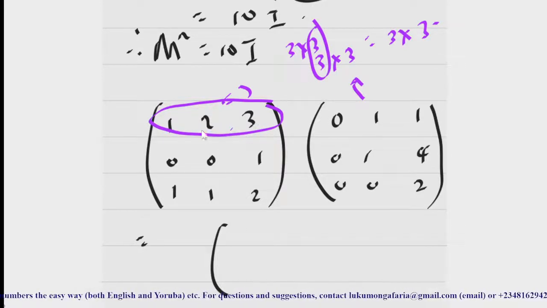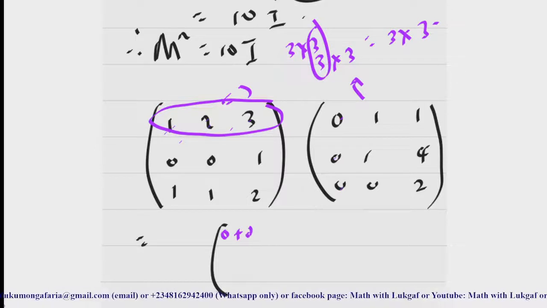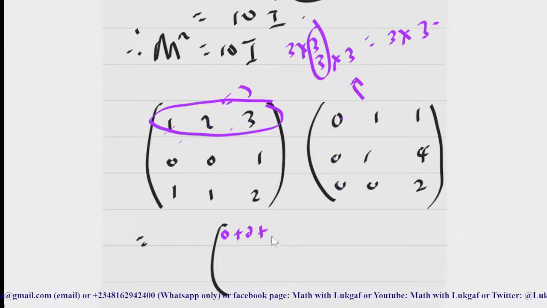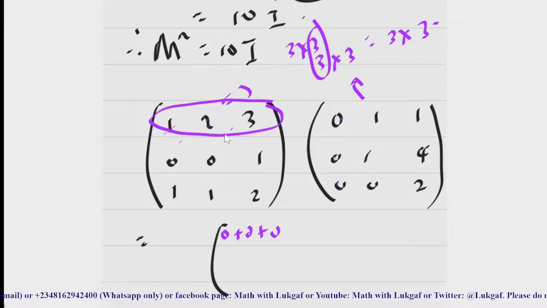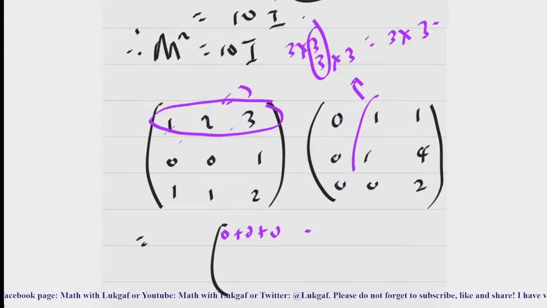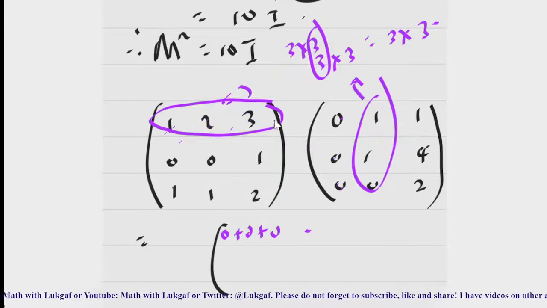And how do you do that? The first one multiplied by the first one, plus the second one multiplied by the second one, plus the third one multiplied by the third one. So that will give you 1 times 0, 0, plus 2 times 0, 0, plus 3 times 0, 0. To obtain the second entry, you still take the same row and multiply by the second column: first by first, plus second by second, plus third by third.